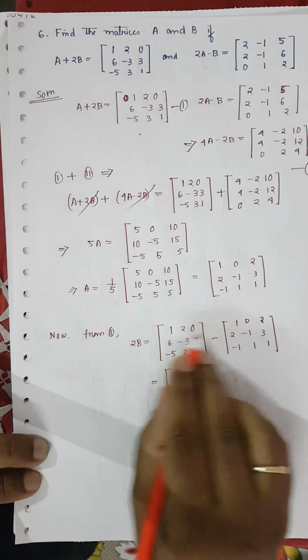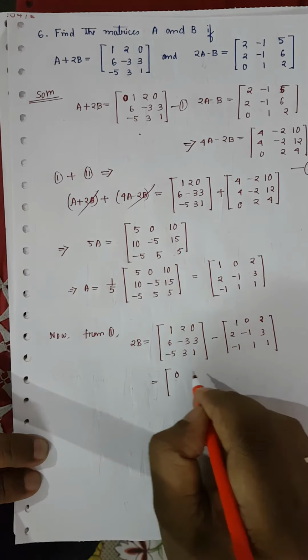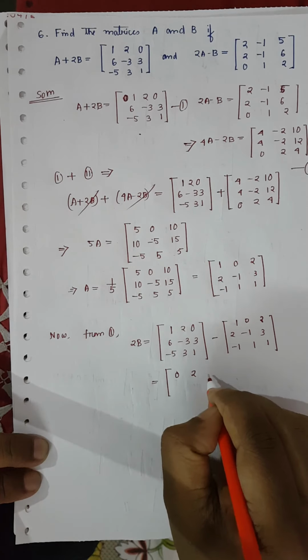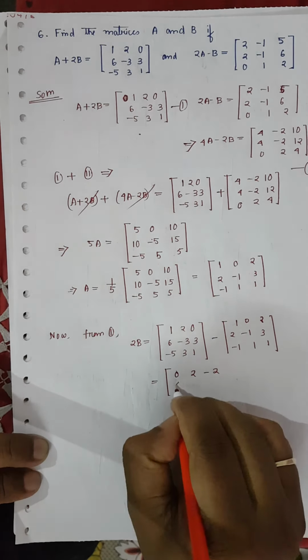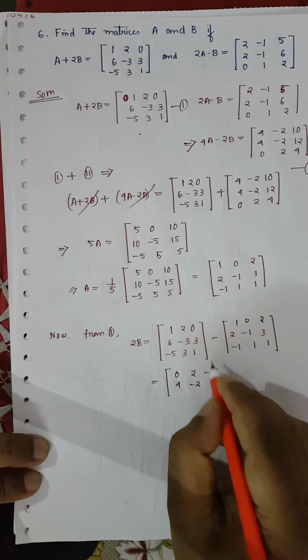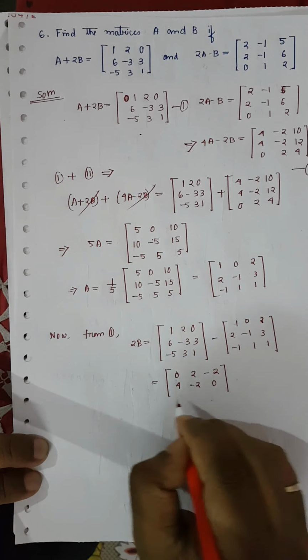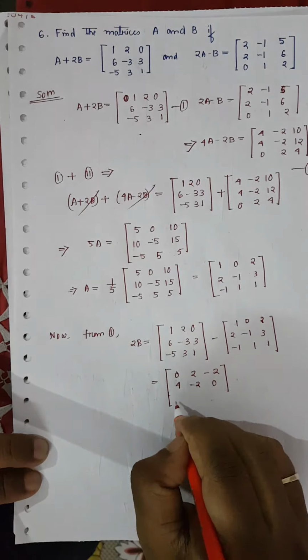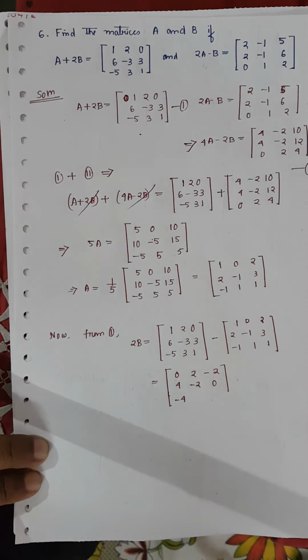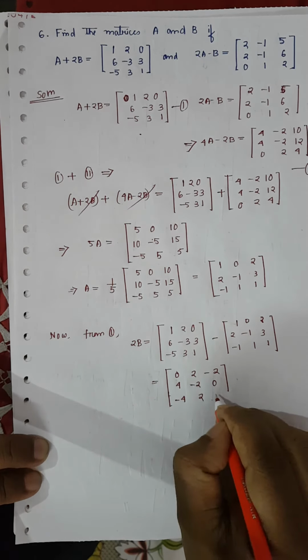So 1 minus 1 is 0, 2 minus 0 is 2, 0 minus 2 is minus 2, 6 minus 2 is 4, minus 3 minus 1 is minus 2, 3 minus 3 is 0, minus 5 minus 1 is minus 4, 3 minus 1 is 2, and 1 minus 1 is 0.